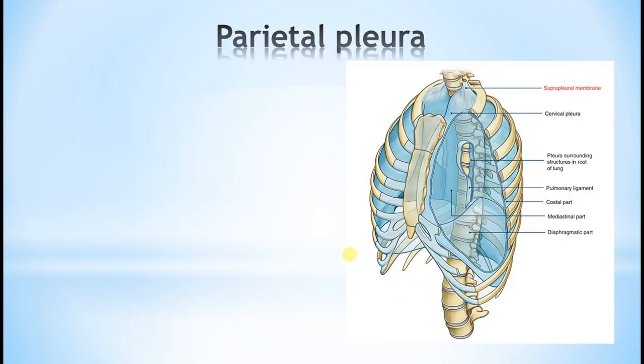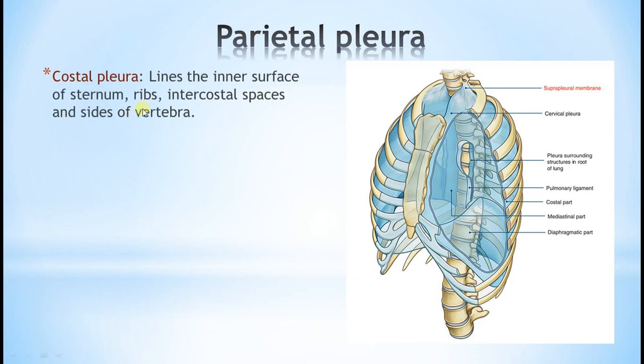Now we will see each one of the subdivisions of the parietal pleura one by one: the costal pleura, cervical pleura, diaphragmatic pleura, and the mediastinal pleura. The costal pleura, which you see here, lies on the interior of your ribs. Naturally, it lines the inner part of your intercostal spaces.